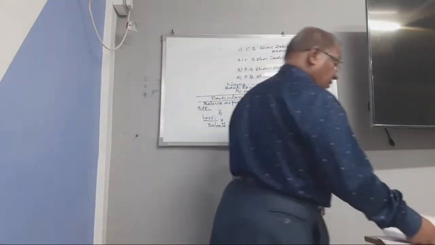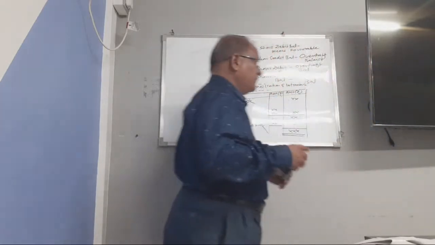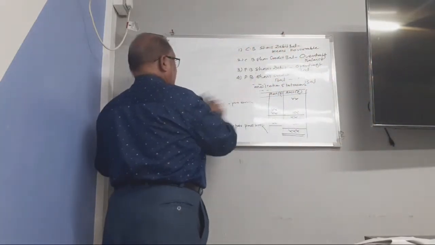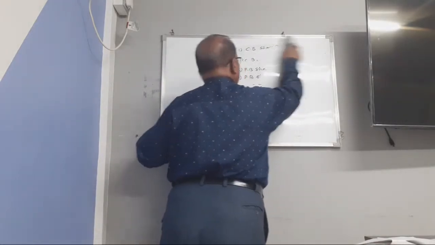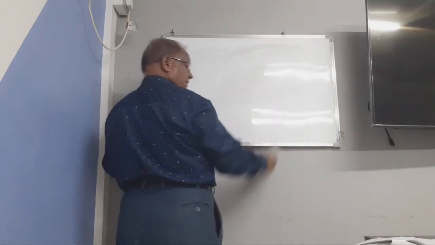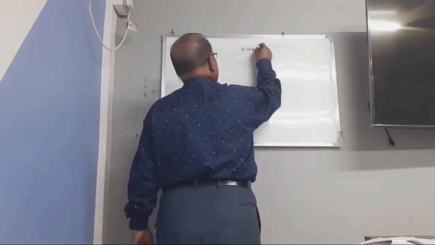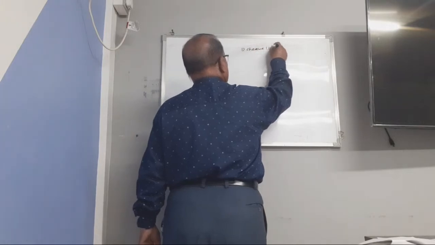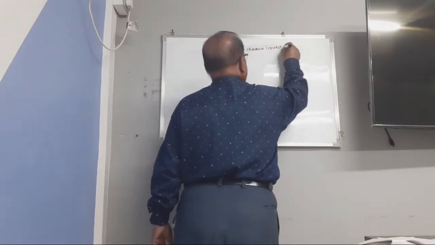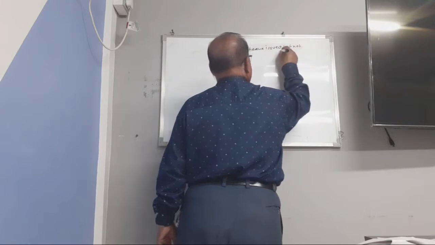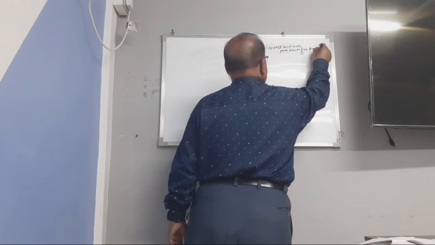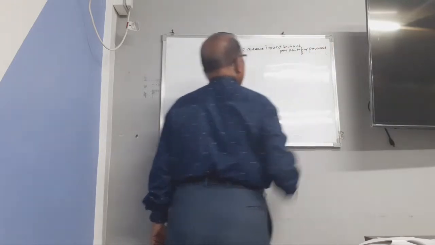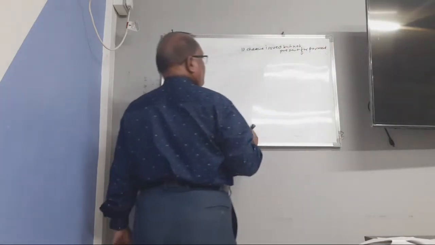Two important things to remember here: there are certain entries which can be recorded in the cash book only. Number one is a check issued but not presented for payment.